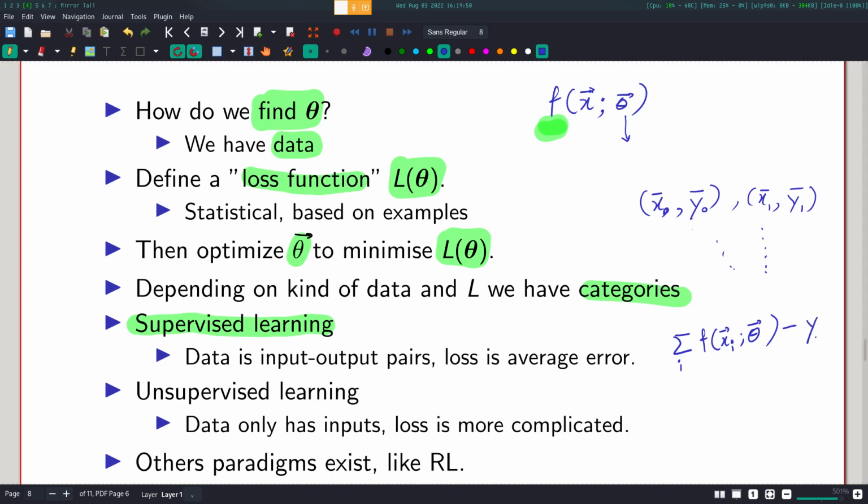You're subtracting this expected output from it, taking the absolute value maybe, or some measure of distance, and then maybe you're taking an average over all of this, right? So n is, say, the number of such input pairs that you have. So some average like this will basically tell you on average how often you make an error, right?